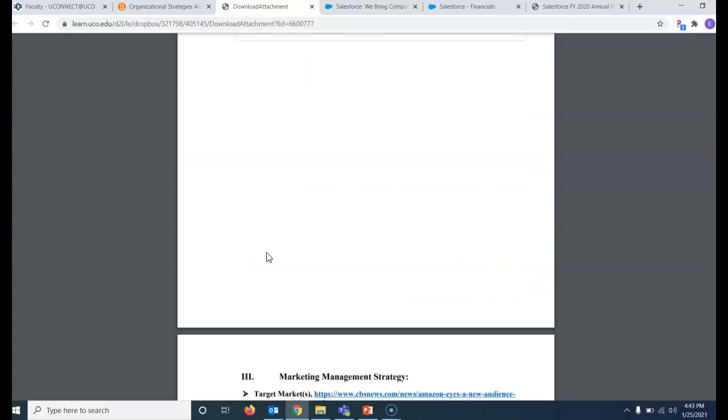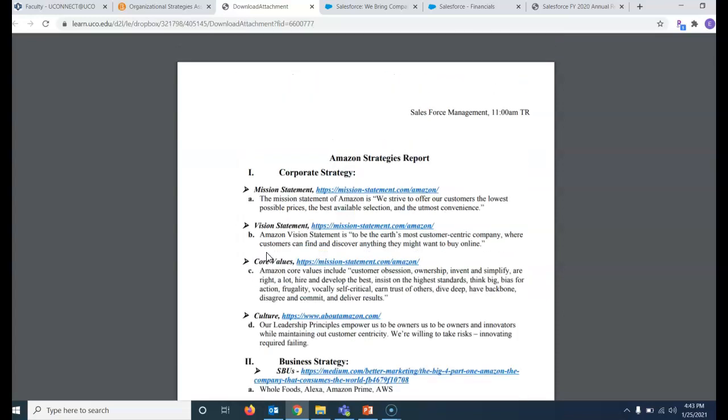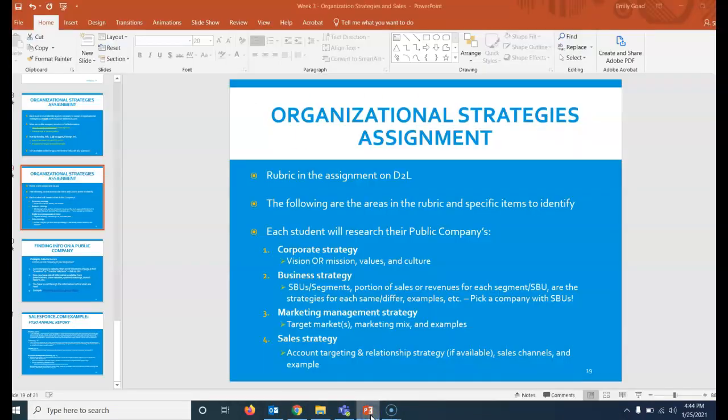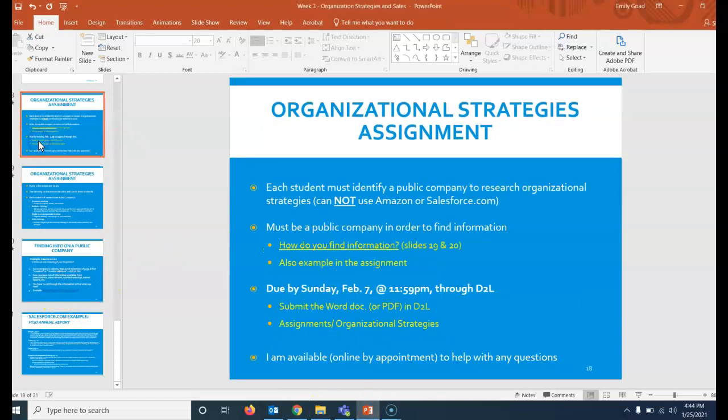So you should submit a document that looks similar to this. It may not be identical because you may be able to find more or less information, hopefully more. So this is the information you're going to find. Due again Sunday, February 7th by 11:59 p.m. Submit a Word doc or a PDF.